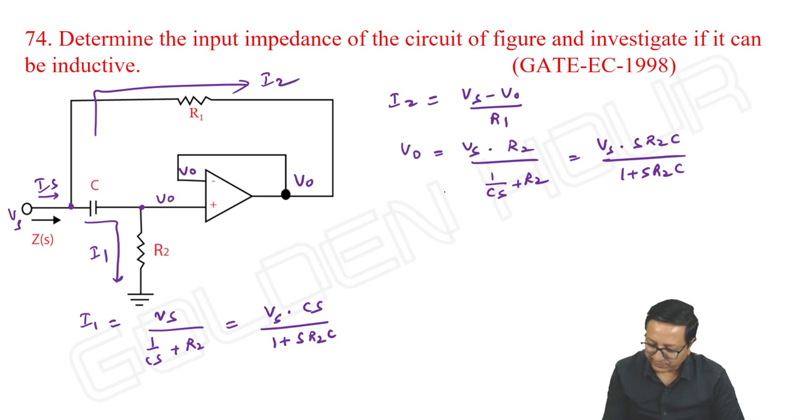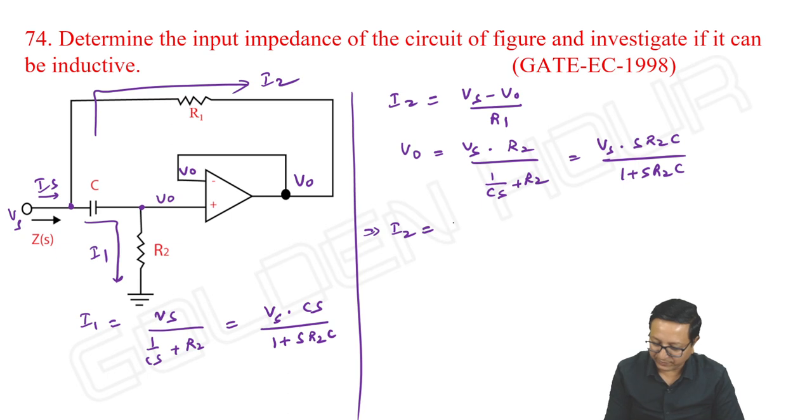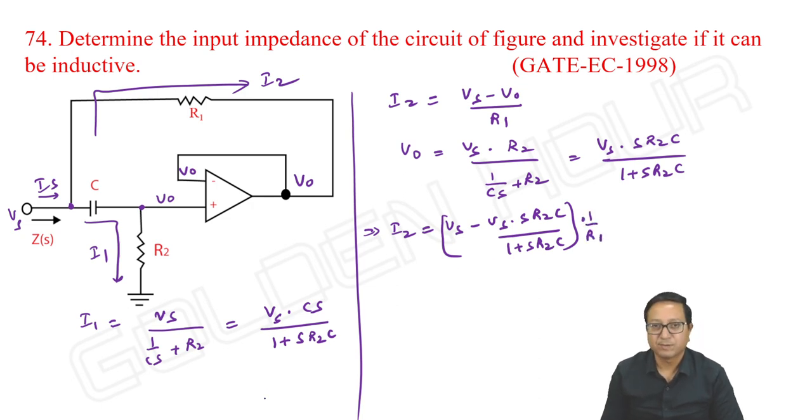Then I2 is equal to Vs minus V output, that is Vs into SR2C by 1 plus SR2C, whole thing divided by R1. Then what do we get? It is Vs by 1 plus SR2C multiplied with 1 by R1. Okay, we can write like this.